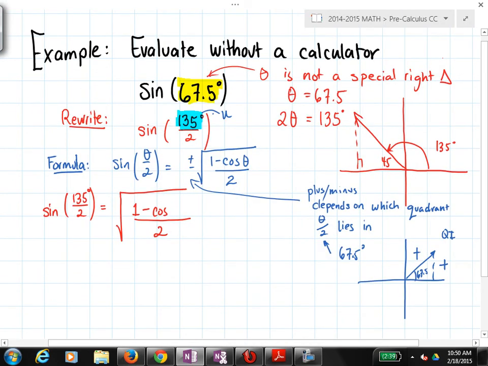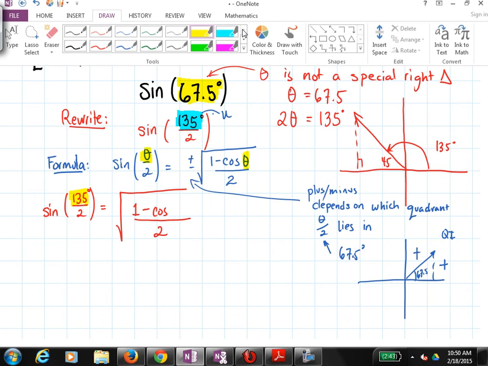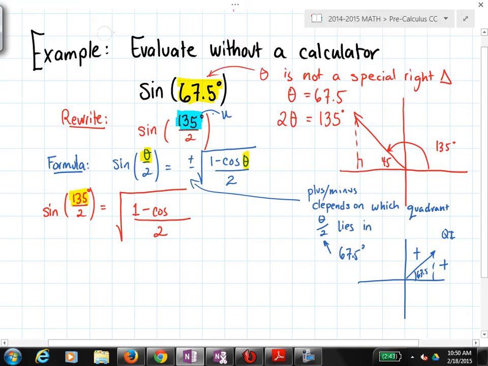Do I use 67.5 or do I use 135? 135, because if I look at my formula, here's theta, here's theta. So this is my theta right here, the 135. Now I'm going to use my sketch that I already did for 135 degrees.